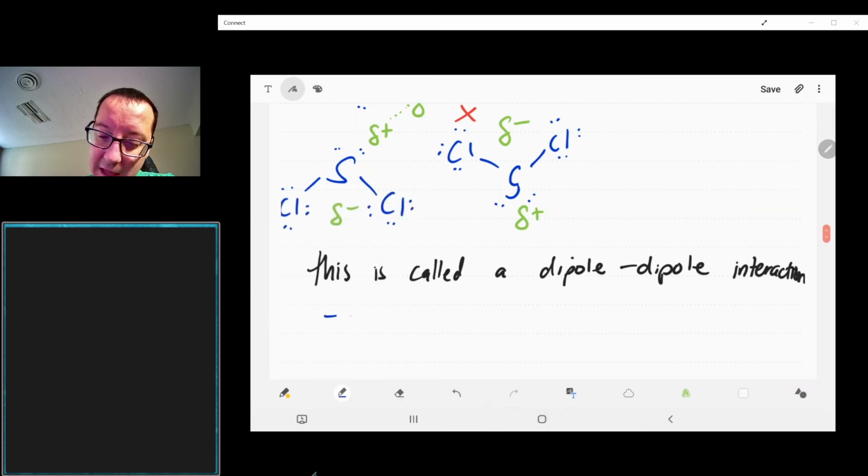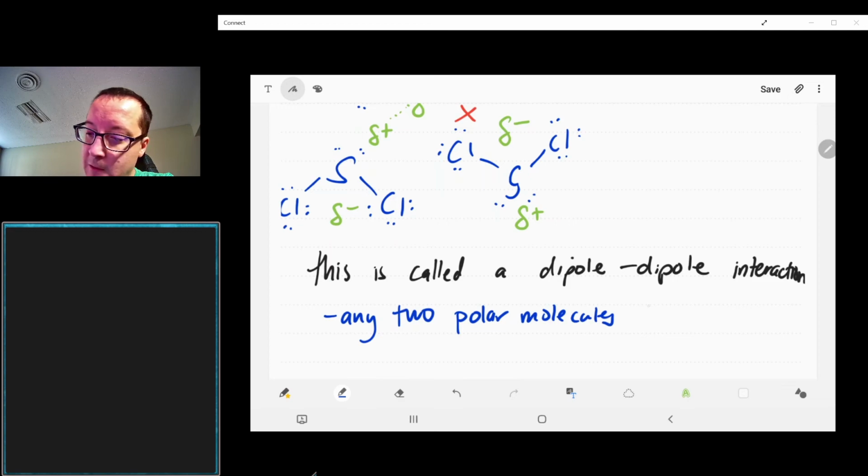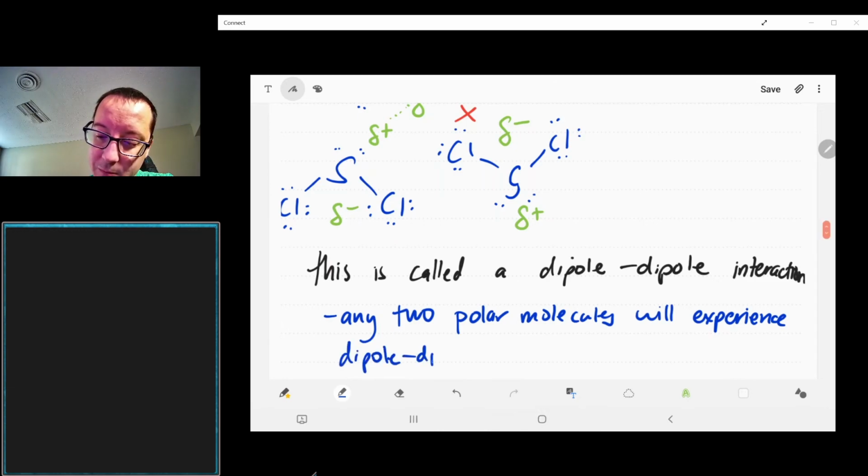We're going to see that any two polar molecules will experience dipole-dipole interactions with each other.